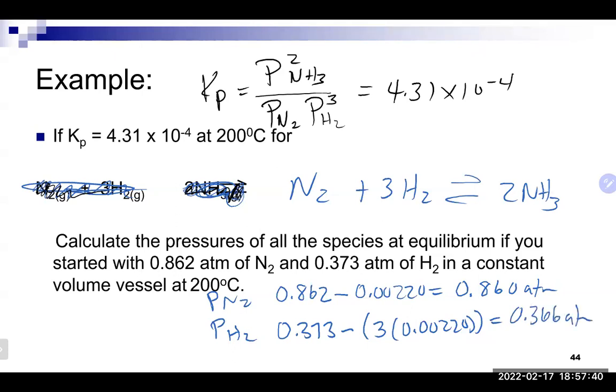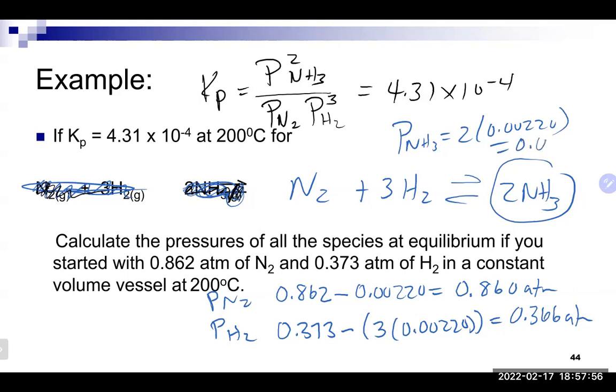And lastly for this guy, at equilibrium it was 2x, if I'm not mistaken. And that should then be 2 times 0.00220, which gets us 0.004 atmospheres for our NH3.